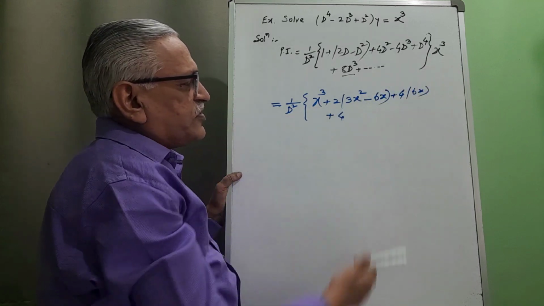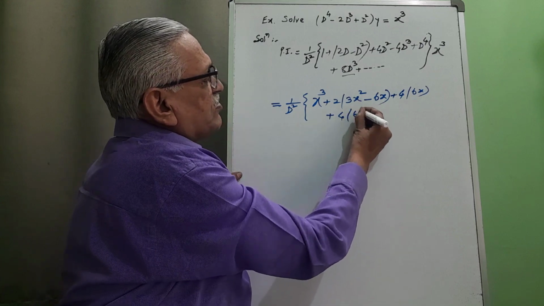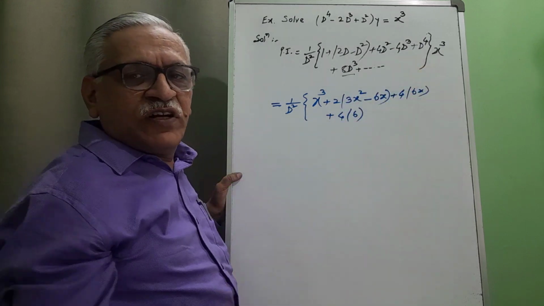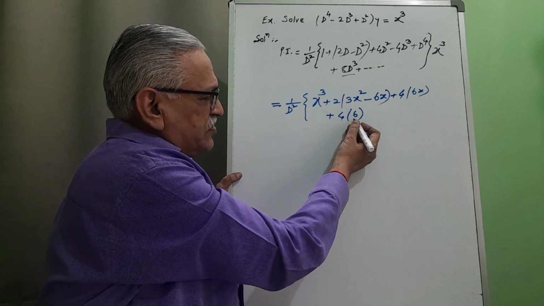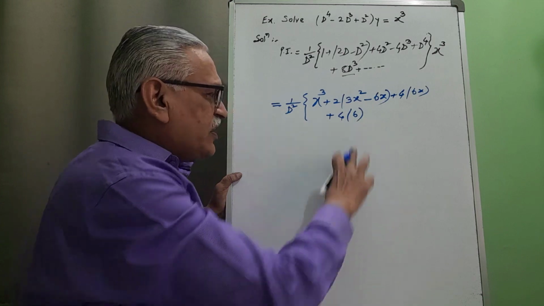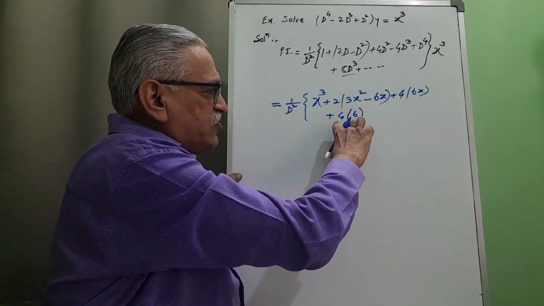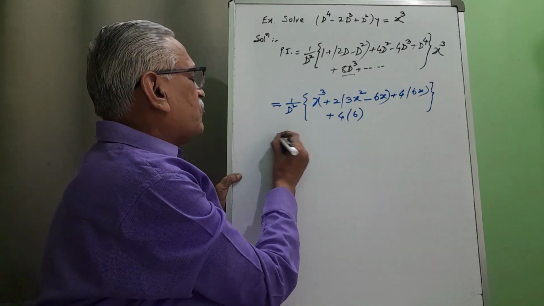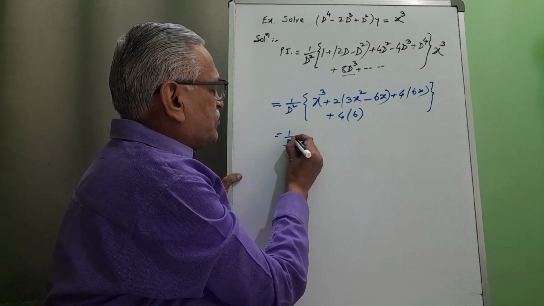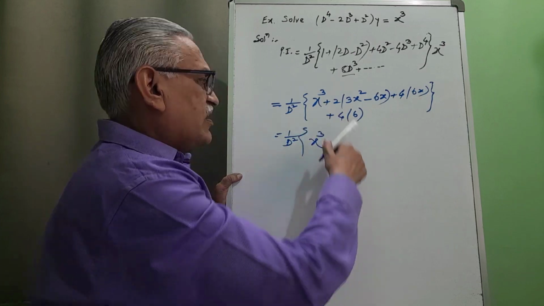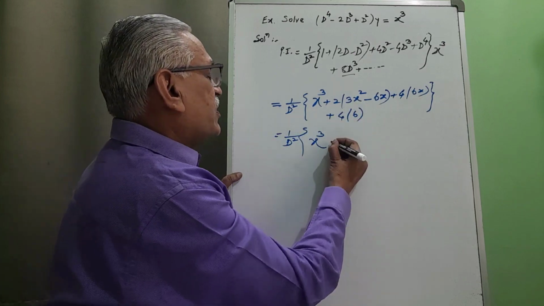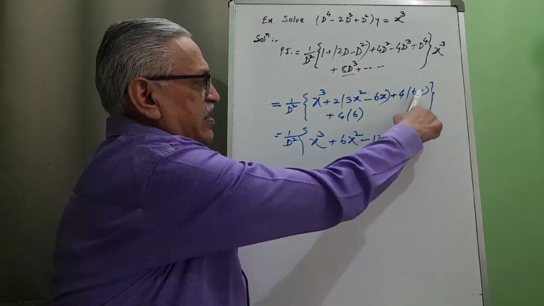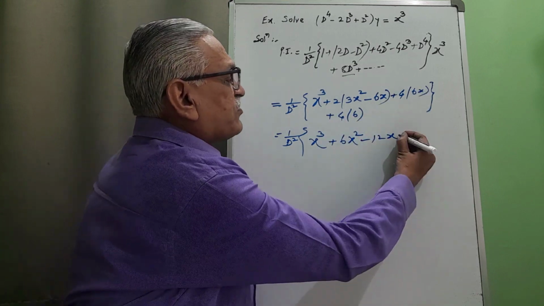Therefore, the next derivative of 6x is 6, and d raised to 4 is the fourth order derivative of this. The next derivative of 6 is 0, as it is a constant term. We stop here. And then it is 1 by d square as it is, no change. x cube as it is, 3 times 2 is 6x square minus 12x and 6 times 4 is 24x and plus 24.